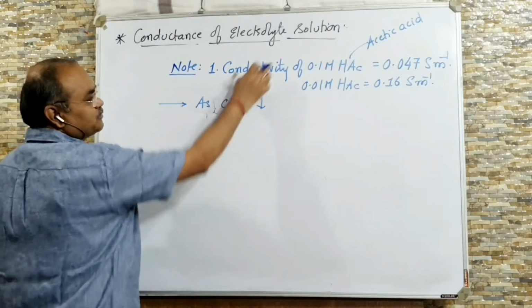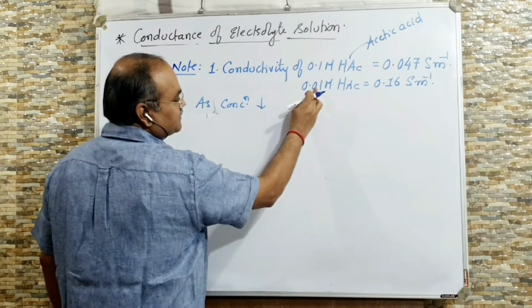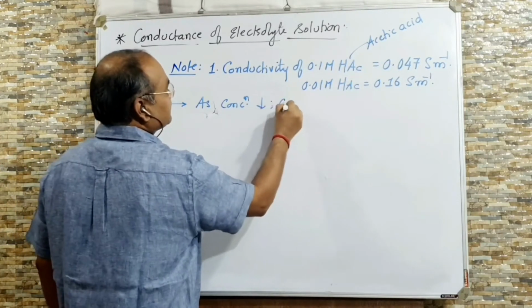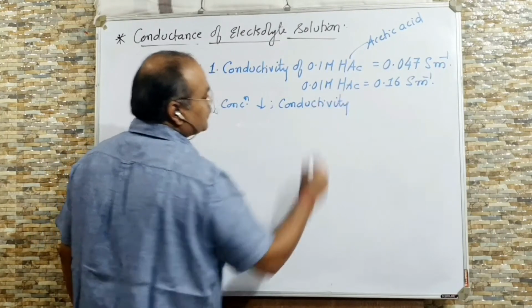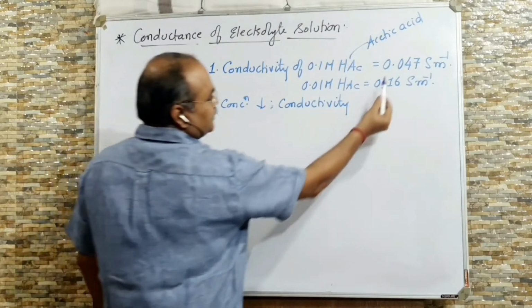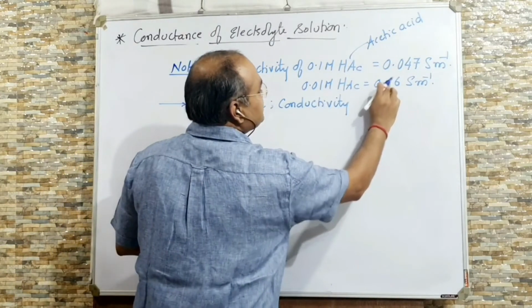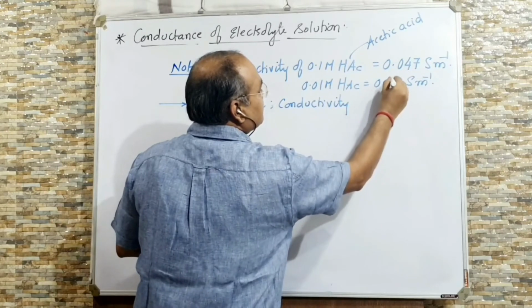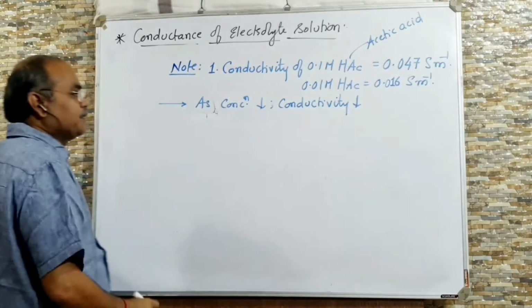So as concentration decreases, what is happening to the conductivity? It was 0.047, this is 0.16. So conductivity also decreases, right?